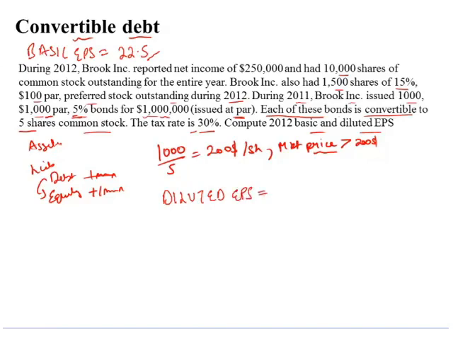So if the bonds are converted, how many new shares will have to be issued? There were 1,000 bonds, and for each bond, I have to create 5 new shares, or a total of 5,000 additional shares will get created if the bonds are converted.